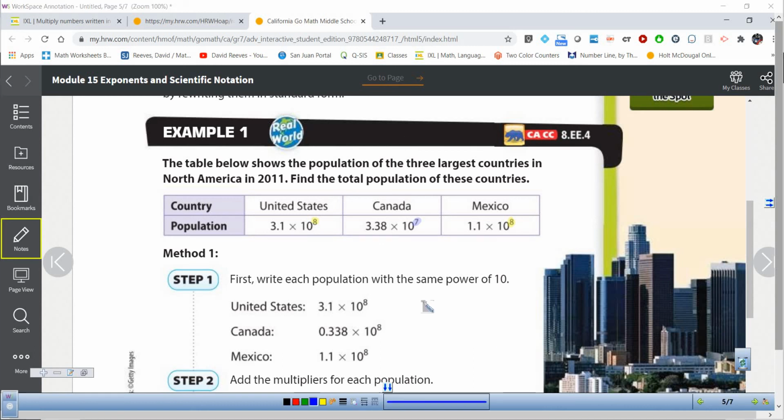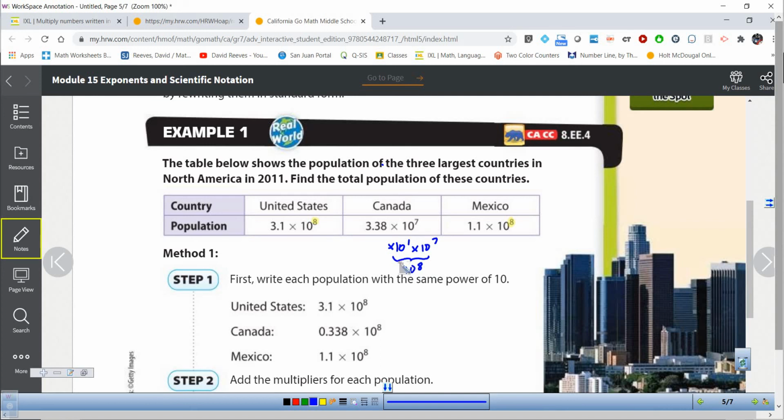So what do I want this to be right here? I want this to be 10 to the 8th, right? What do I have right now? I have 10 to the 7th. So do you guys agree from our work with exponents that 10 to the 1st times 10 to the 7th gives us 10 to the 8th?